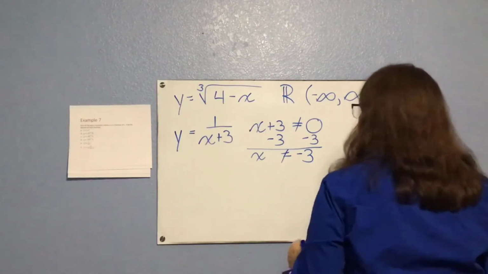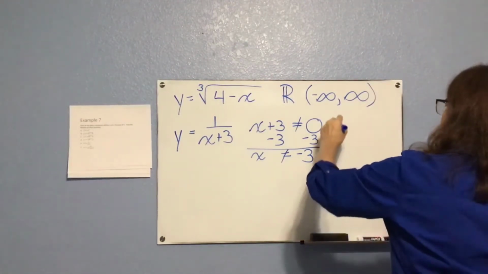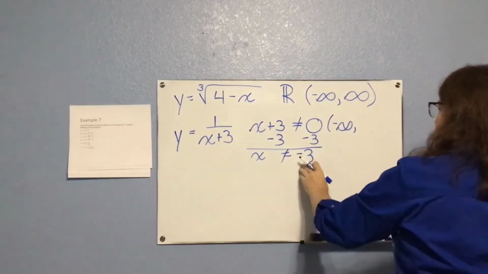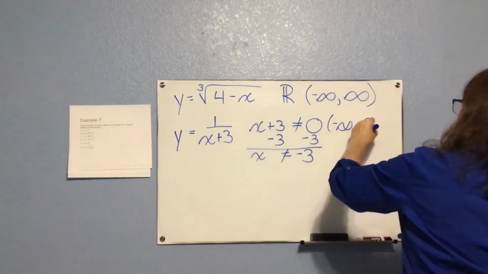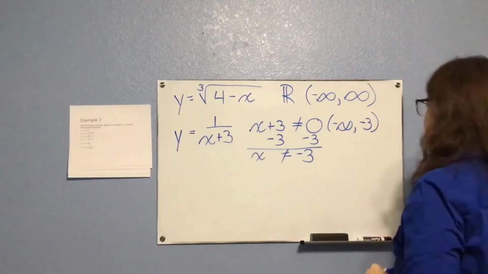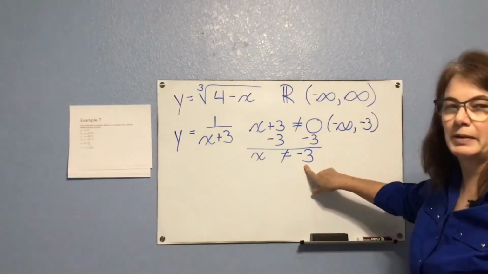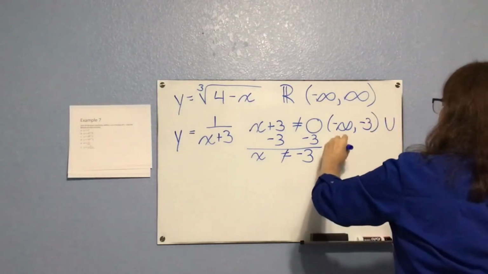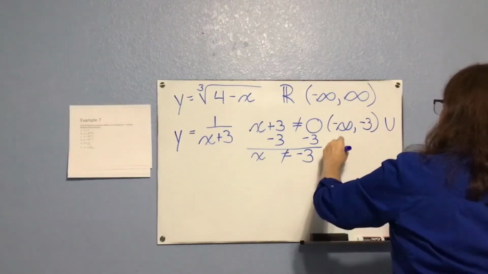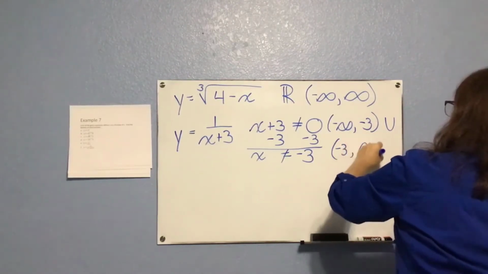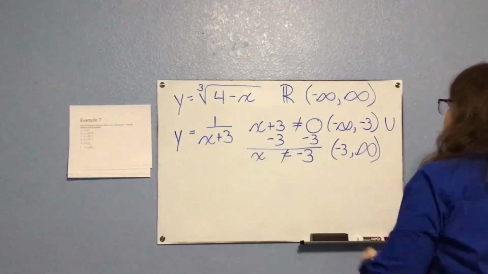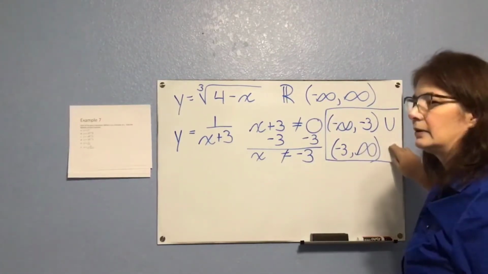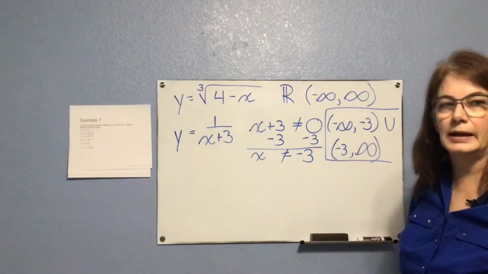So for interval notation, I would start at negative infinity and go up to negative 3 and use parentheses because I cannot have negative 3 as part of my domain. And then union, and another part would be from negative 3 to positive infinity. So this domain tells me I can use any number except negative 3.